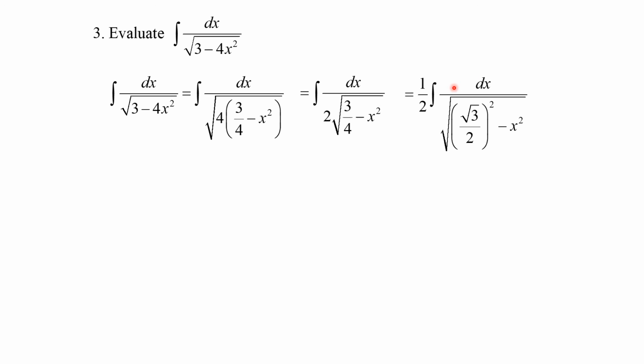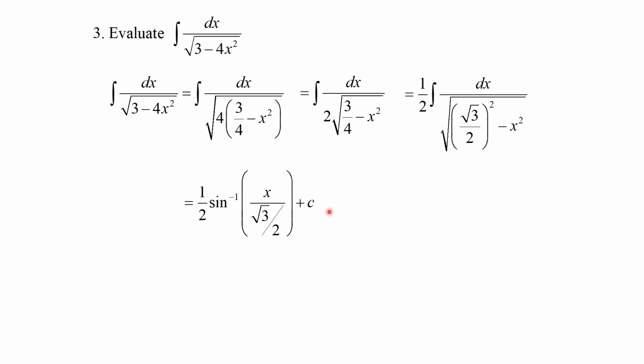So next, you match it to the formula of inverse sine. The half is from here, you just bring it down. So integrating 1 over the square root of a squared minus x squared is inverse sine x over a. So your a is the square root of 3 over 2.